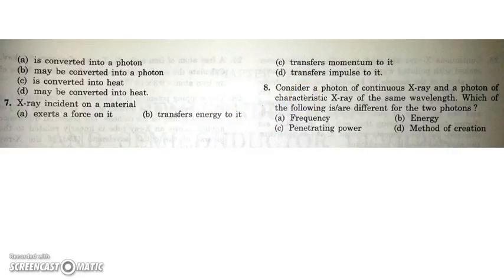In the next question, consider a photon of continuous X-ray and a photon of characteristic X-ray of the same wavelength. Which of the following are different for the two photons? Energy, frequency, penetrating power. Okay, as the wavelengths are same, they will have same frequency and energy and penetrating power.